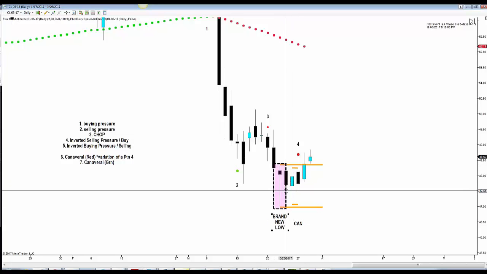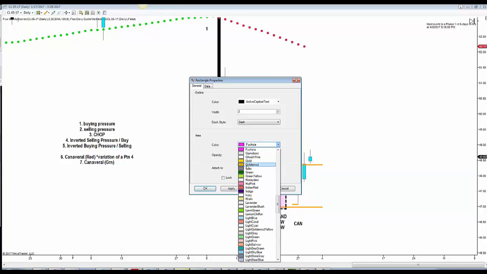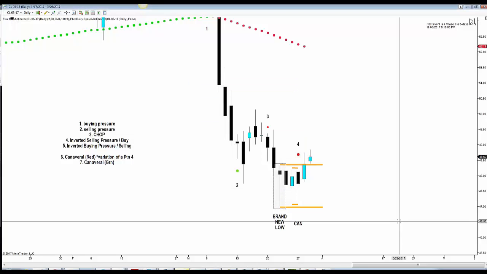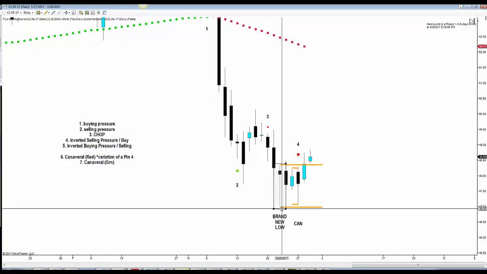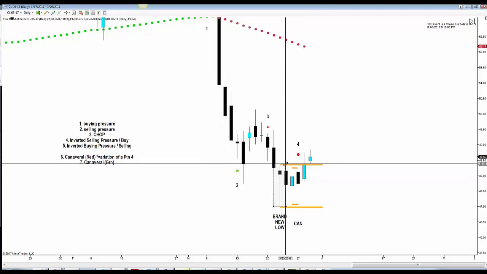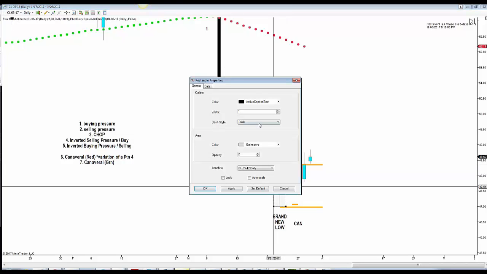And what you need to do when you identify that is, I usually put a gray box around it. And I take note of where the high of that candle was and where the low of that candle was. And I make it dark, almost like a building. In fact, exactly like a building.